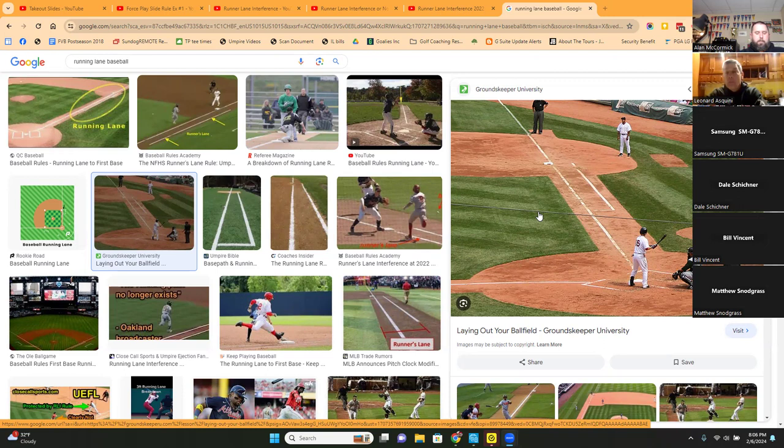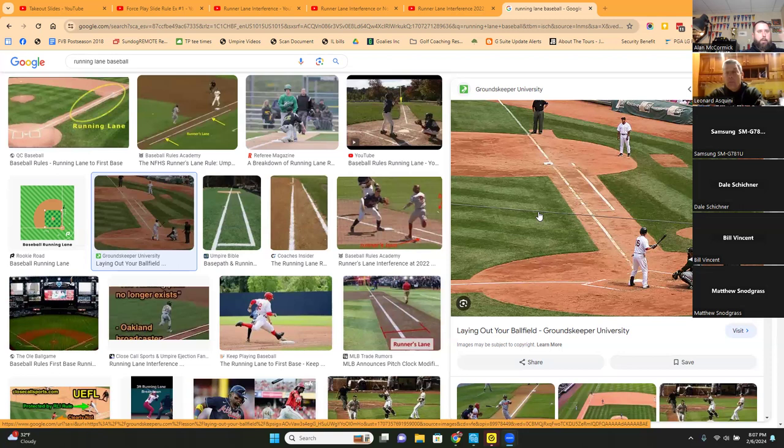So what's going to confuse people even more on this is that MLB just changed their running lane rule. So in MLB now, as long as you're on the dirt all the way up, you're fine. You're considered in the running lane.